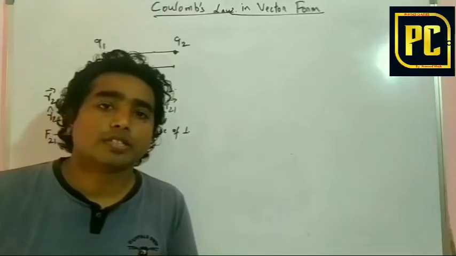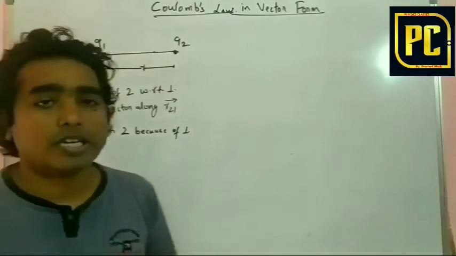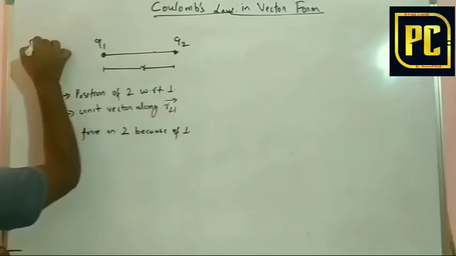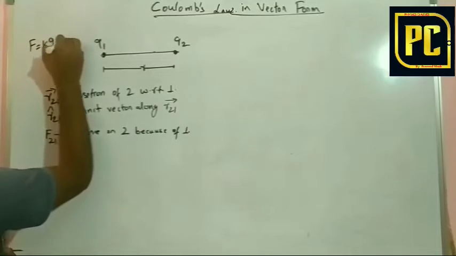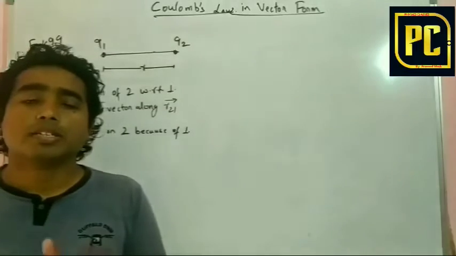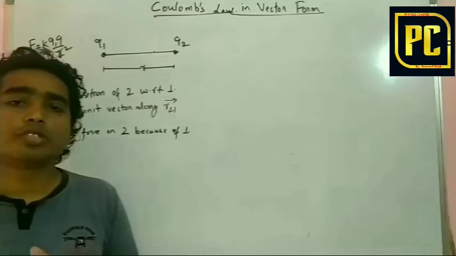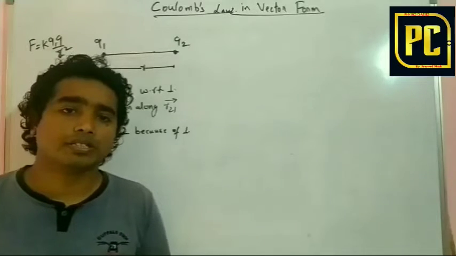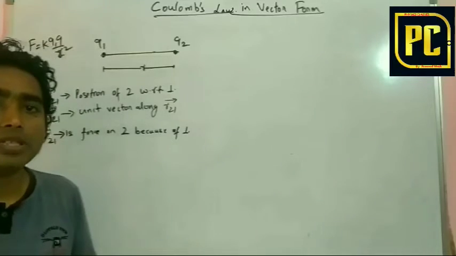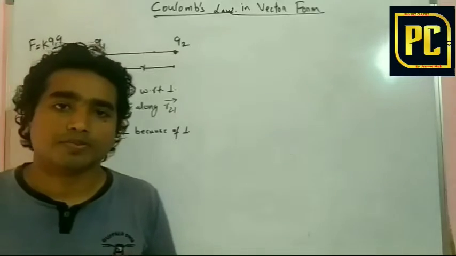Till now we have studied Coulomb's law in scalar form. Whenever we have two charges at some distance, the force is given as F is equal to K Q1 Q2 by R square. But as you know, force is a vector quantity. Whenever a vector comes, students find it a bit difficult, but when we assume something, it becomes very easy.